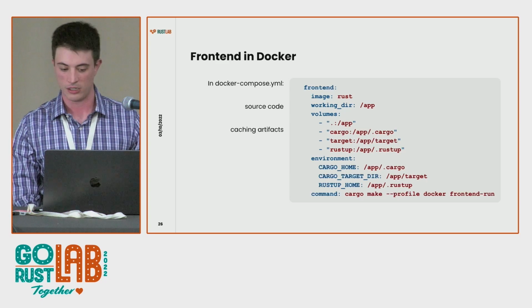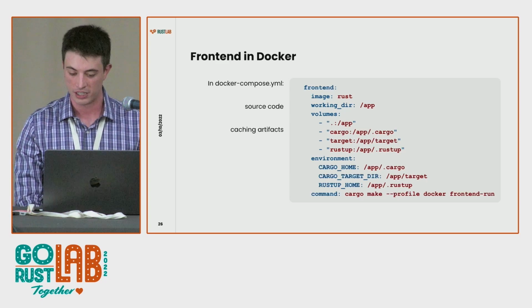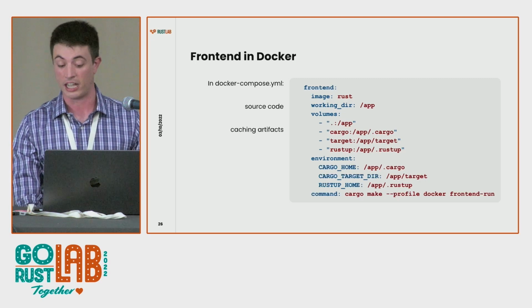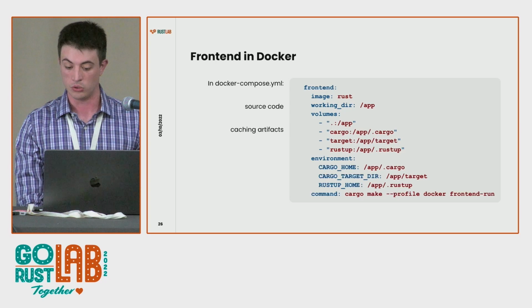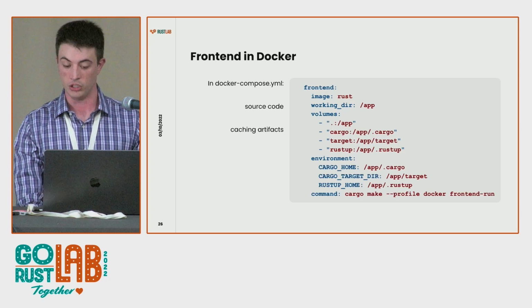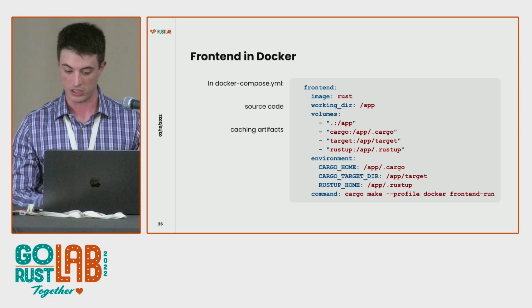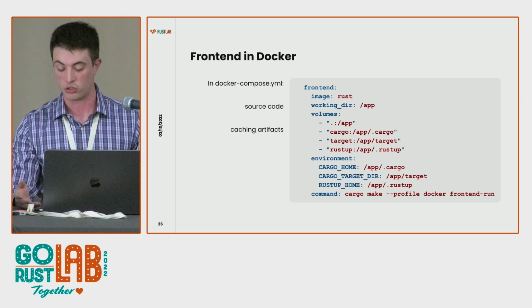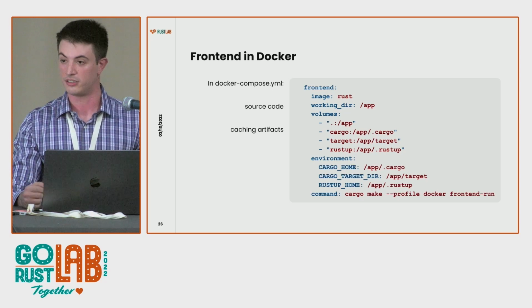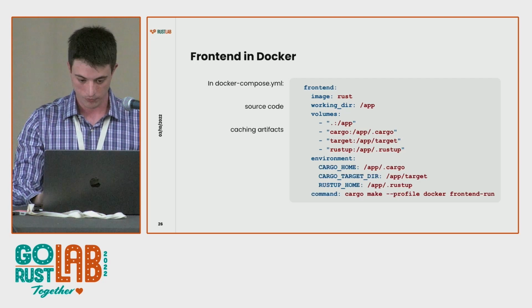Again, we sync the code, but we cache all the artifacts. In this case, it's .cargo, target and also .rustup. And .rustup is there because to compile you actually need to have the WASM32 target. I'll say a bit more about that later. But then again, the command is just going to run this frontend run task that I've defined in the previous slide. So nothing fancy here.